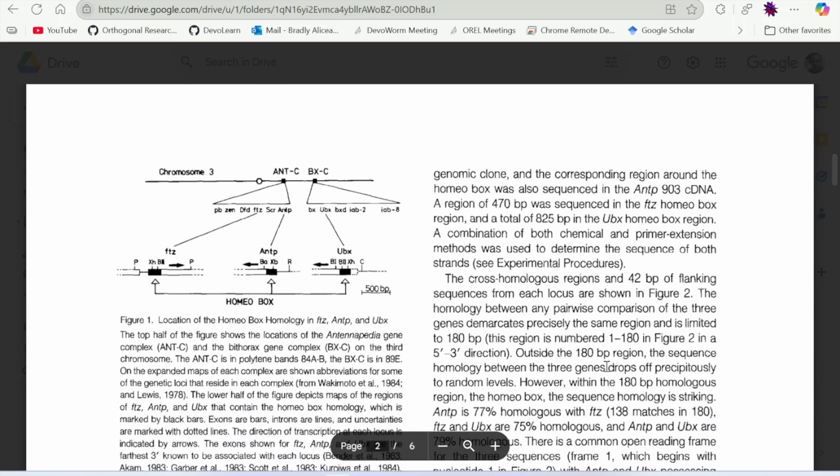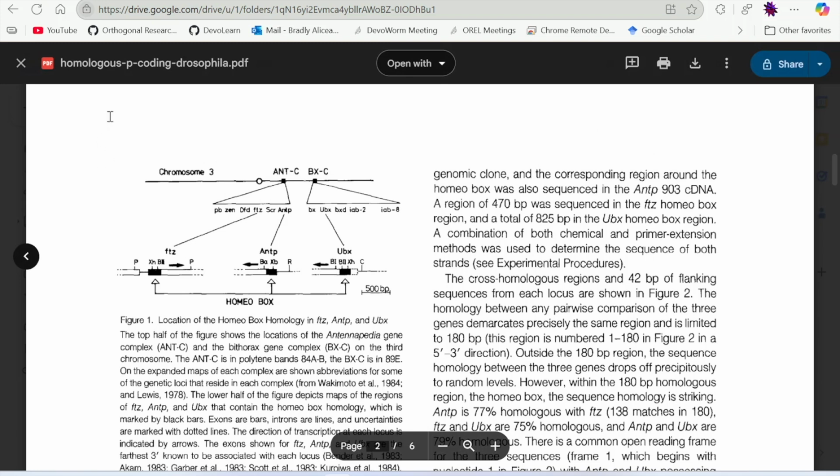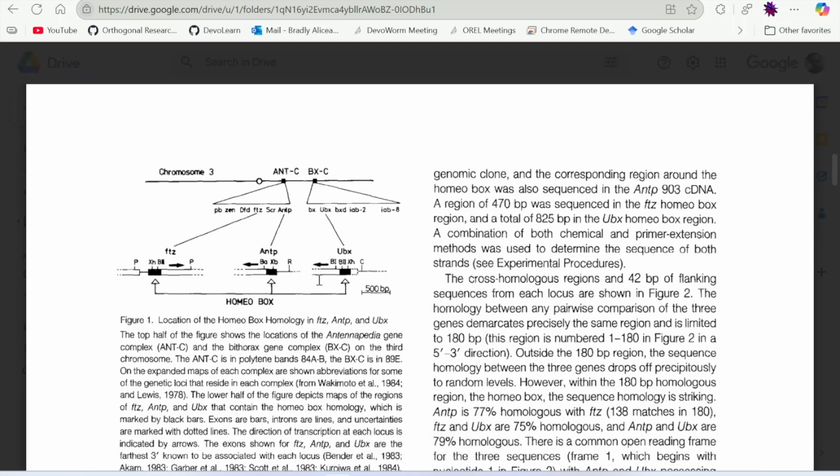And this just shows how this is organized in Drosophila, showing some of these genes and where they're located in the genome.